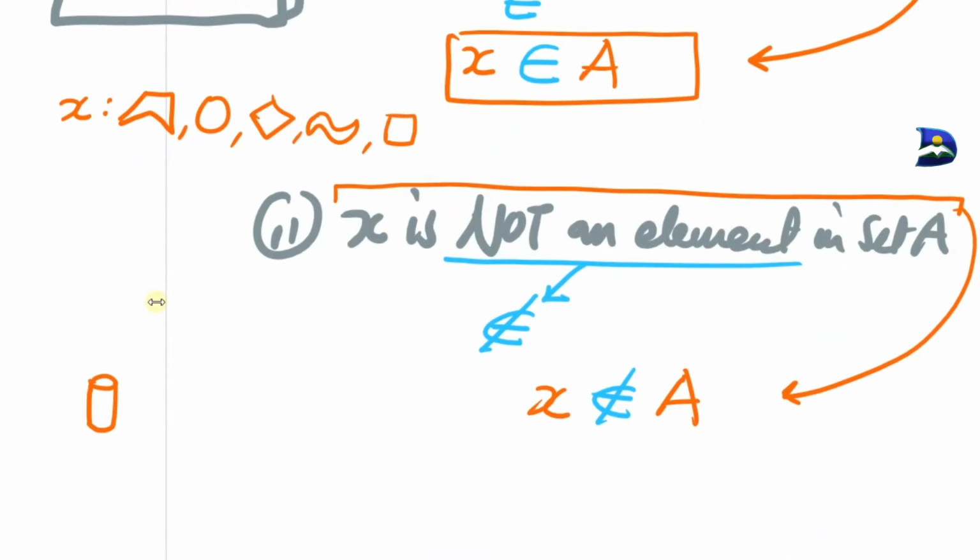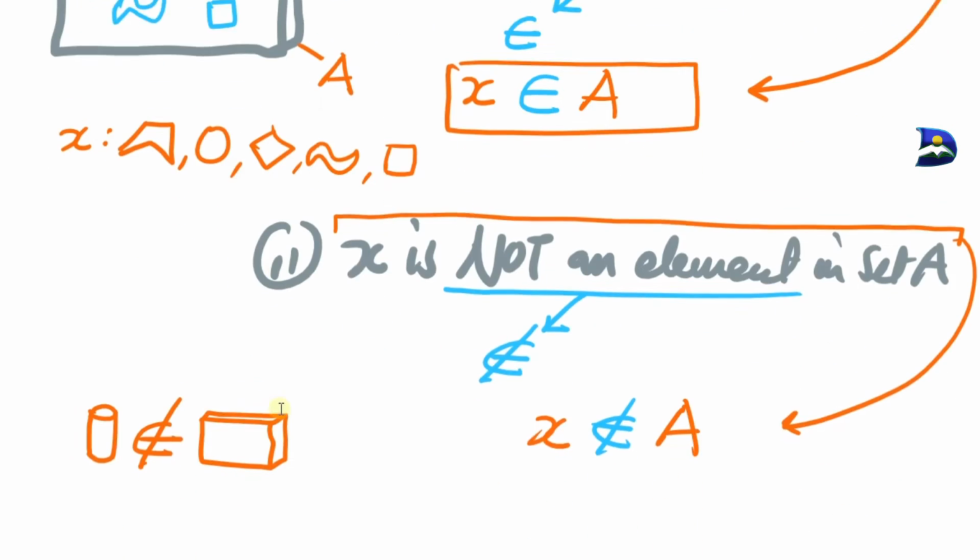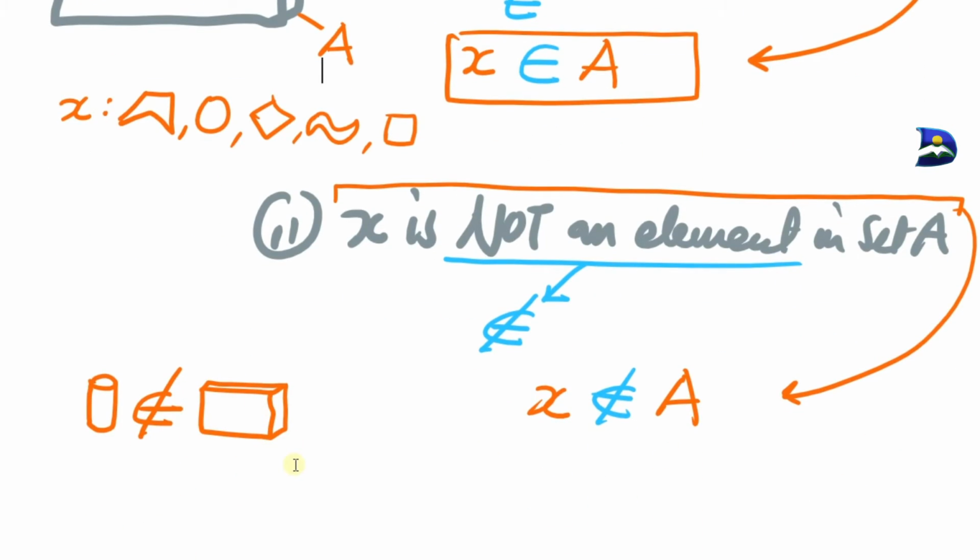No. So in this case, the cylinder, represented as x, is not an element in this particular set A, which I'm drawing. In this case, we're defining set A to be this particular container object.